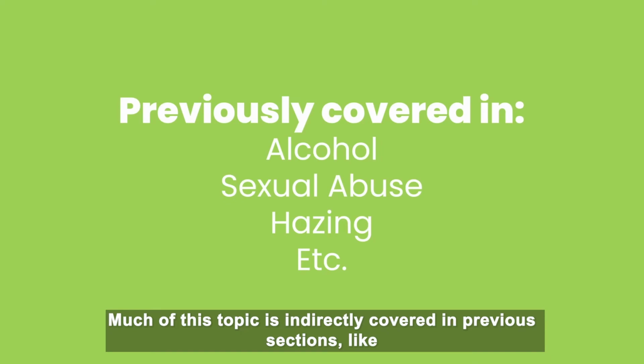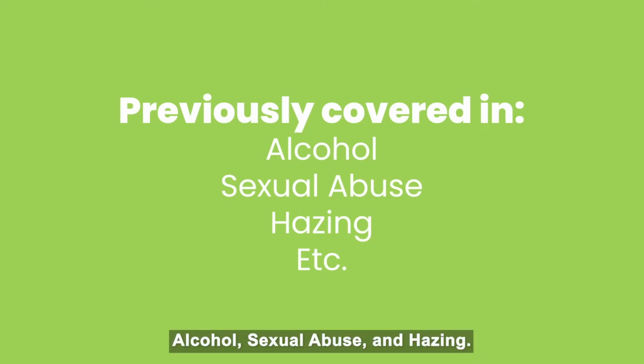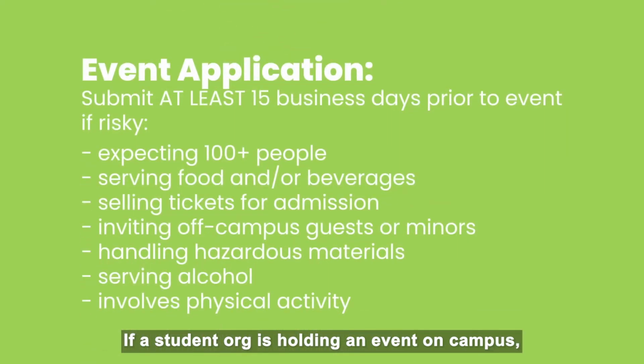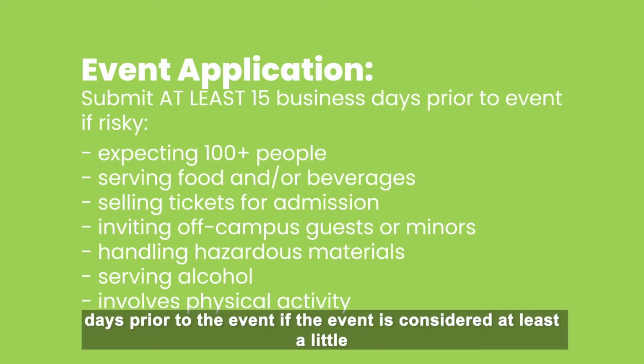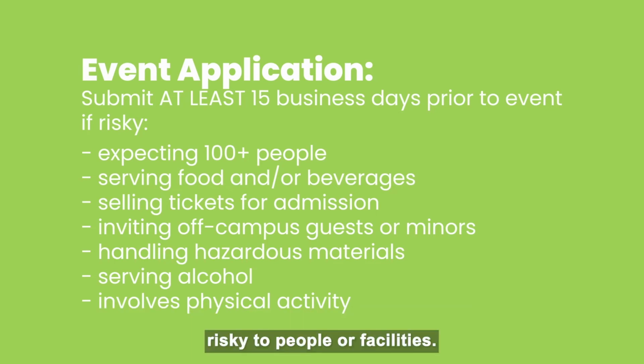The sixth topic is behavior at parties and other events held by a student organization. Much of this topic is indirectly covered in previous sections, like alcohol, sexual abuse, and hazing. If a student org is holding an event on campus, it must submit an event application on OrgSync at least 15 business days prior to the event if the event is considered at least a little risky to people or facilities.